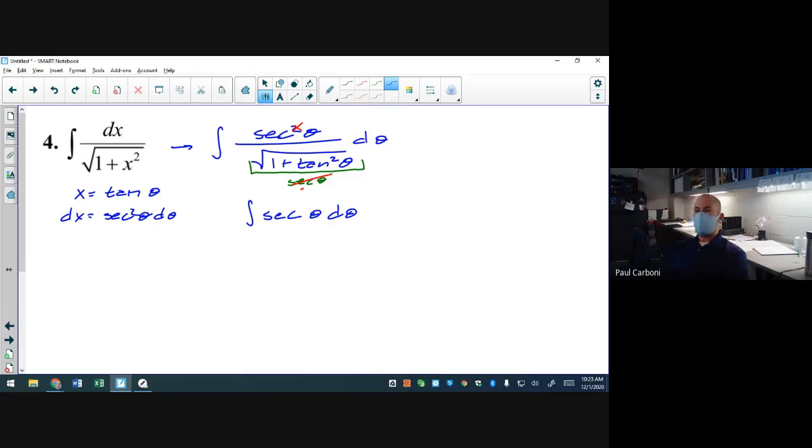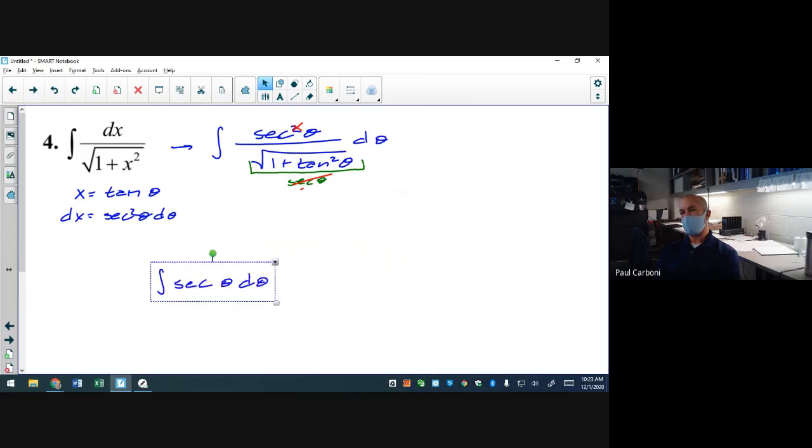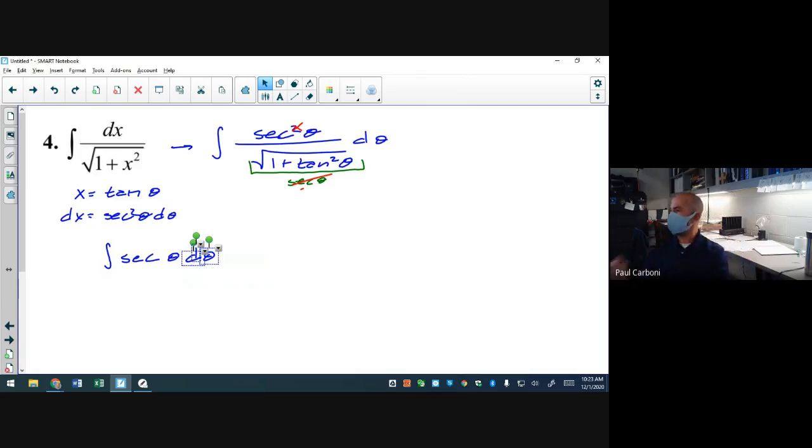Technically, the antiderivative of secant theta is a U substitution problem. You know what U would be? If anybody guesses it without Googling it, I would be amazed. I'm going to show you how this works only once, and then after this, it's better for you just to memorize it. I'm going to move my d theta over here.